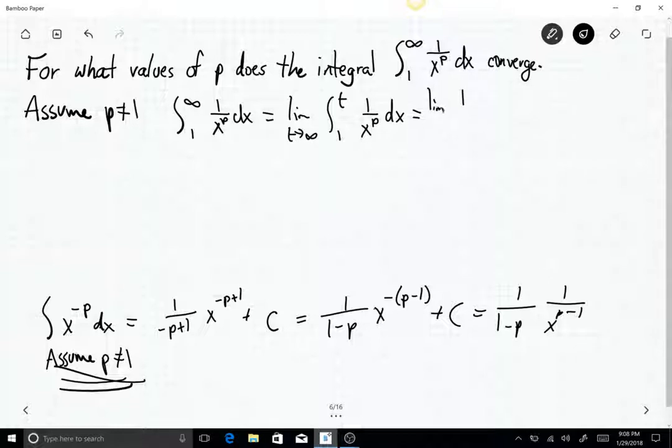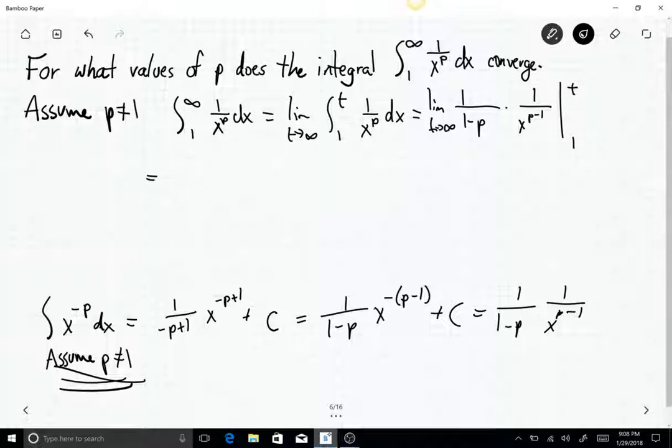well, we need the limit first. Limit as t approaches infinity of 1 over 1 minus p times 1 over x to the p minus 1 evaluated at 1 and t.